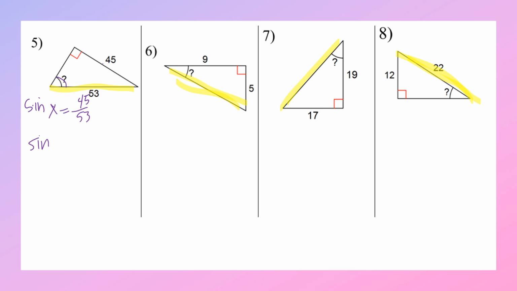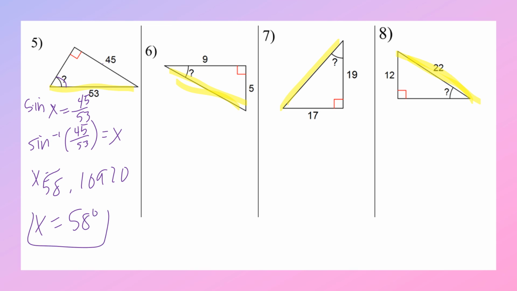Again, you need to do the inverse. Whenever you're finding the angle, you have to do the inverse. So if I do the inverse of that, I get 58.10920, which rounds to 58 degrees. You do not round that up because it's 0.1. It stays the same.